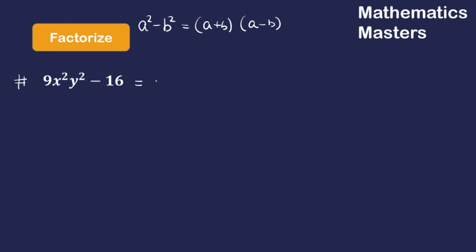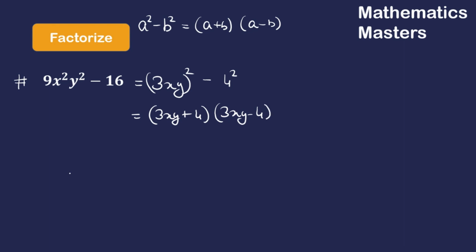So I can write 9x square y square as 3xy the whole square minus, I can write 16 as square of 4. So my first term would be 3xy and the second term is 4. So using the above identity, we can write 3xy plus 4 multiplied by 3xy minus 4. That's how we can factorize.